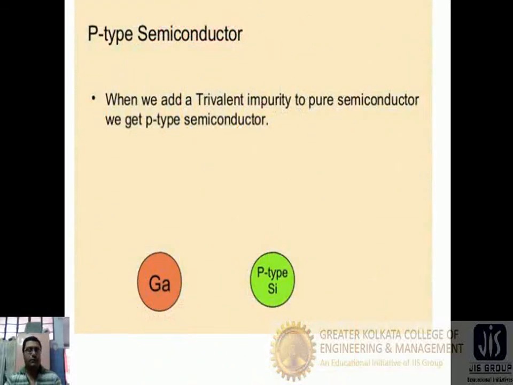Now we come to the p-type semiconductor. When we add trivalent impurity to a pure semiconductor, we get a p-type semiconductor. Gallium is one of the p-type impurities, or trivalent impurities, which is added to silicon or germanium to get a p-type semiconductor.